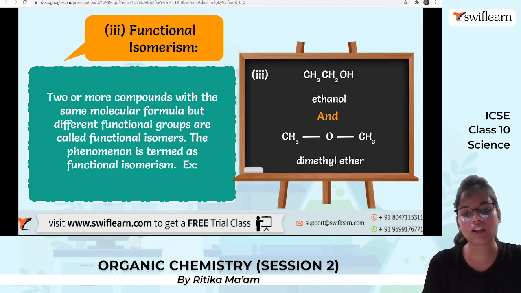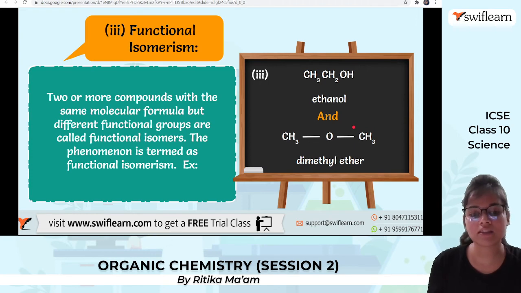Next is functional isomerism. In functional isomerism, the molecular formula is the same again, but the functional group is different. Like here we have OH, which is alcohol, and here we have OCH3, which is ether. So the molecular formula remains the same, but the arrangement is different.